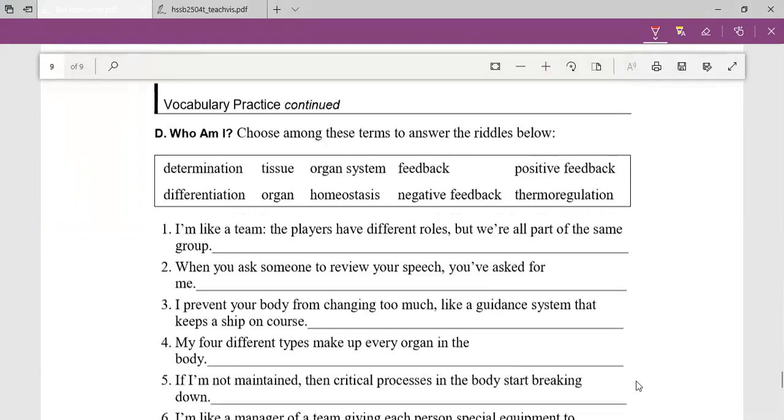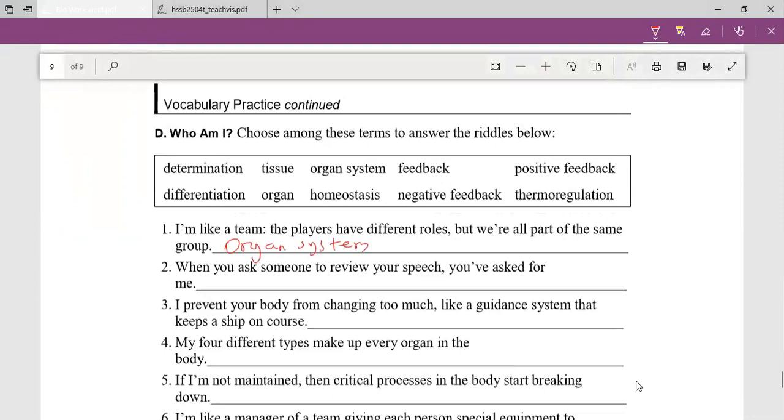Is that an organism? There is no organism anyway. It's either organ or organ system. So there's no organism, that means it's organ system.